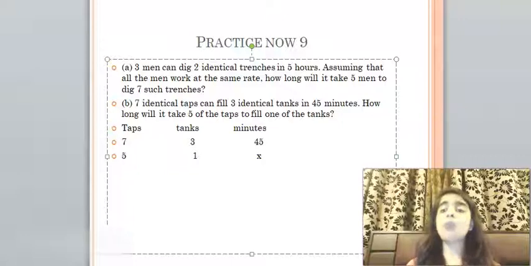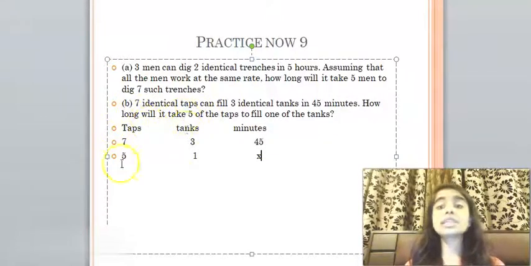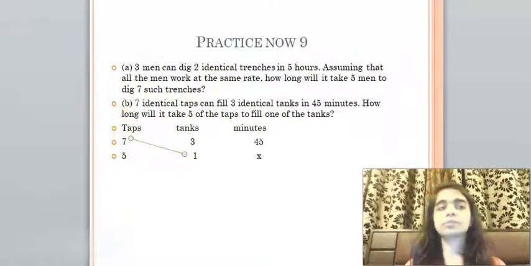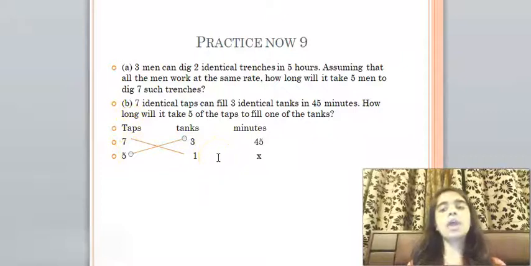Now again you have to identify what is taps and tanks. So if I increase the number of taps, will my number of tanks increase? Yes. When I increase the number of taps, I can fill more tanks. So these two quantities are directly proportional. Okay, so we will cross multiply. Alright, now tanks and minutes. If my number of tanks increases, definitely my time will increase in filling them.